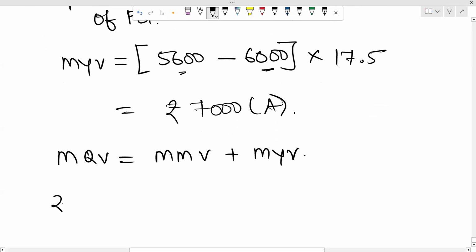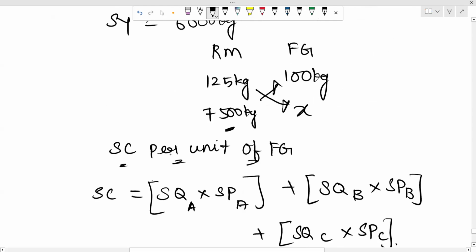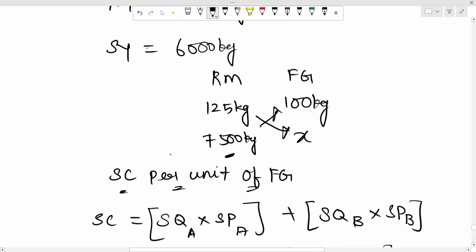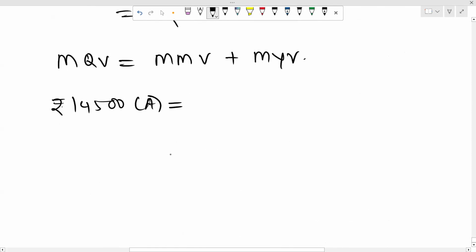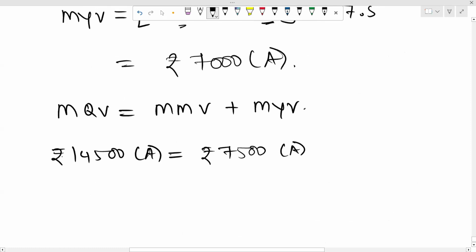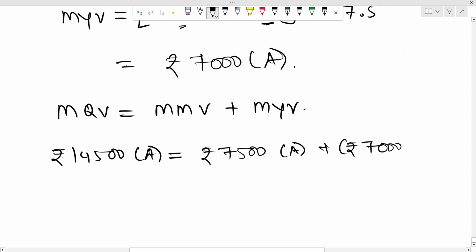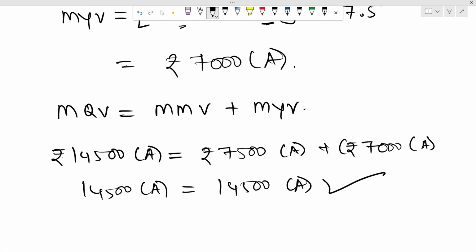We got rupees 14,500 adverse, and material mix variance is rupees 7,500 adverse, and material yield variance is rupees 7,000 adverse. So 14,500 adverse is equal to 14,500 adverse. The numbers are matching, so all the three variances are correct.